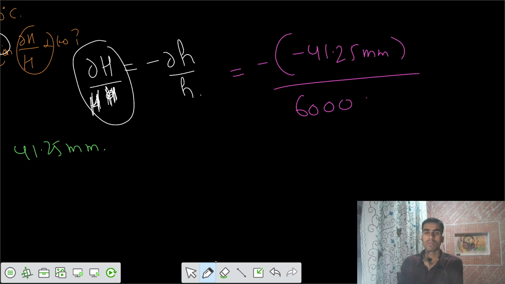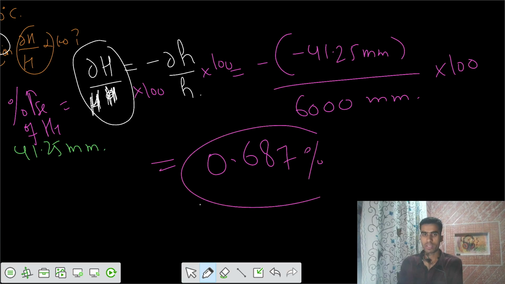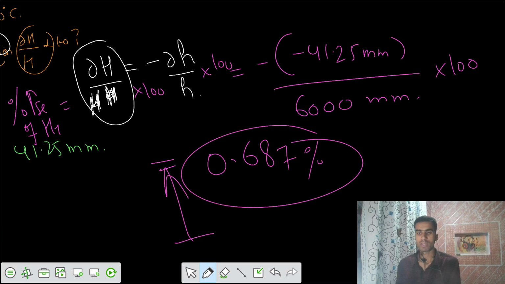If I multiply it with 100, that would give me the percentage increase of horizontal tension. So you would get 0.687 percentage increase.